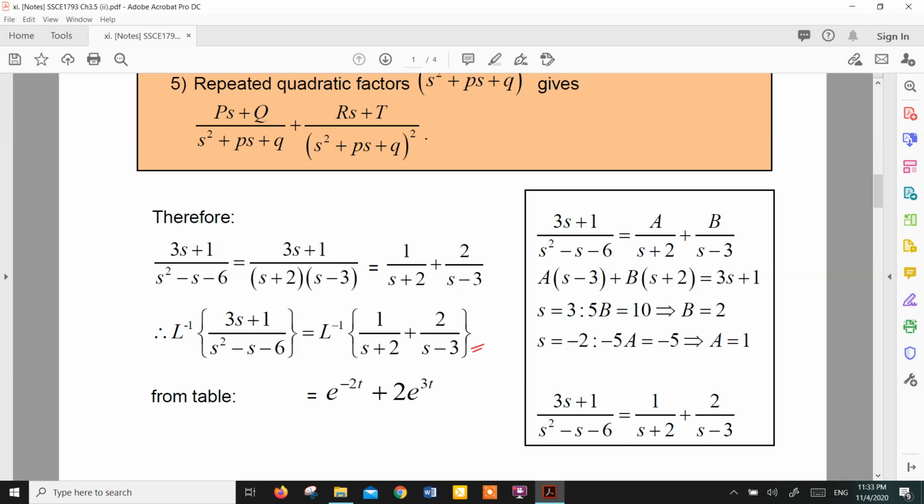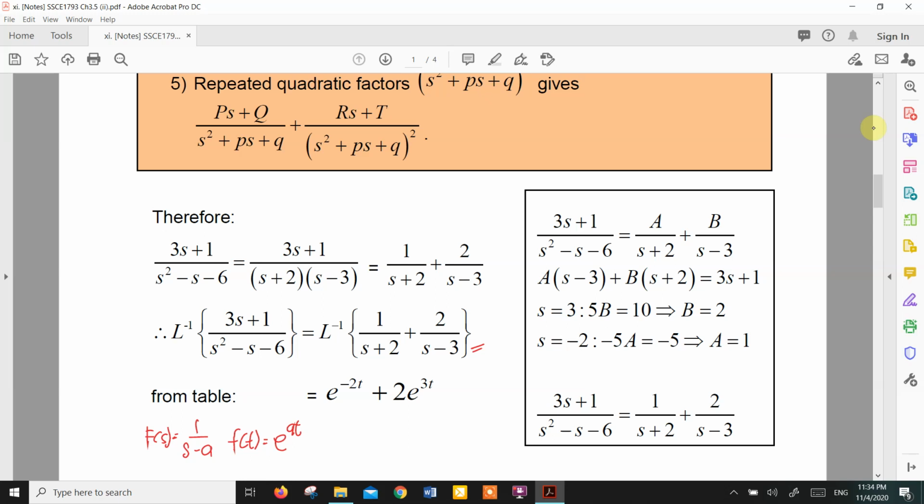This is actually mapped to 1 over s minus a, so your F(s) is 1 over s minus a, and your f(t) will be e to the power of at. This is from the Laplace table that you have learned at the beginning of the chapter. So here we separate this into inverse Laplace.